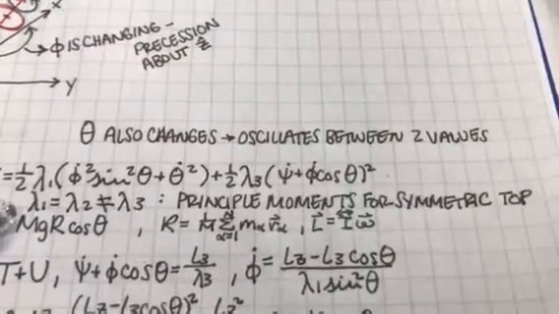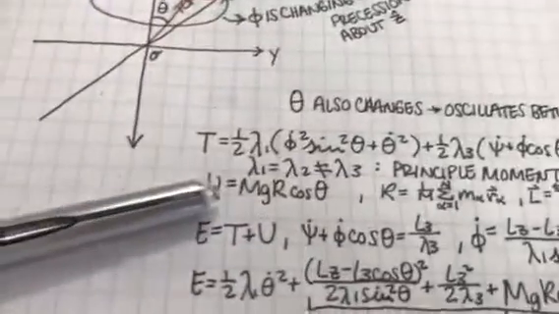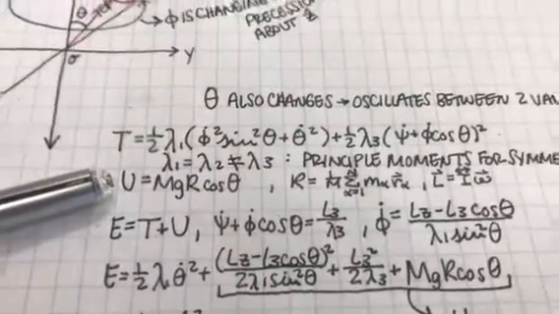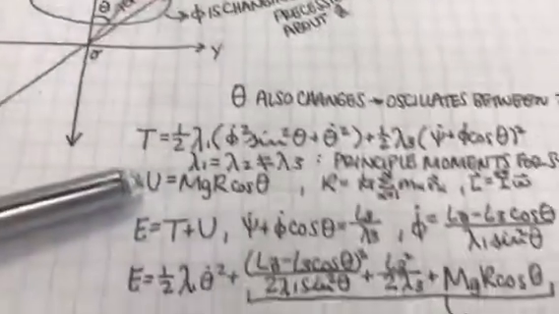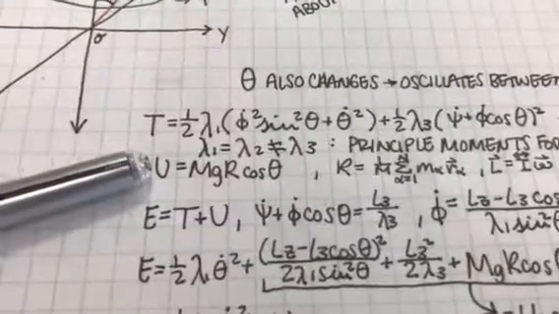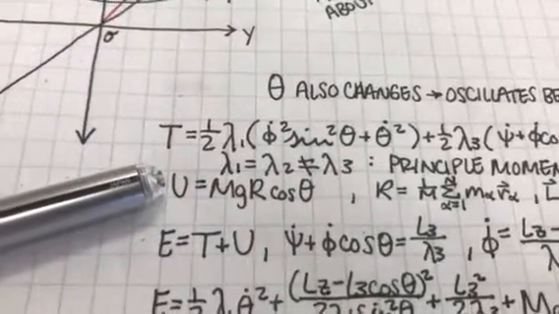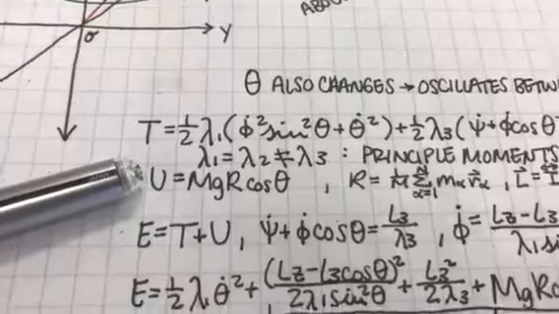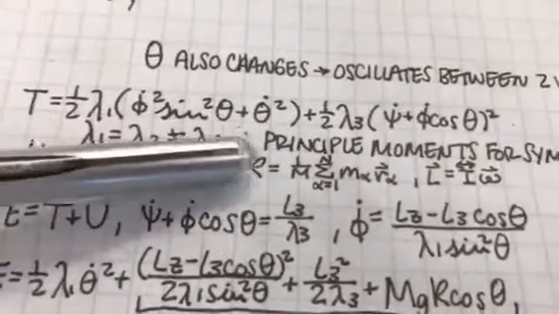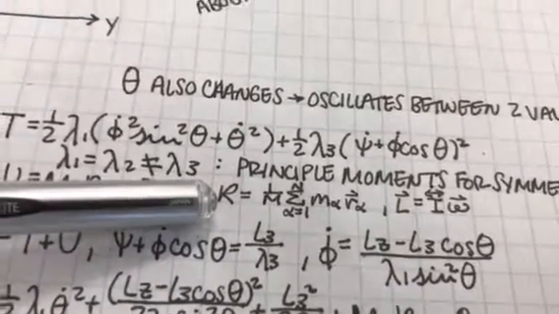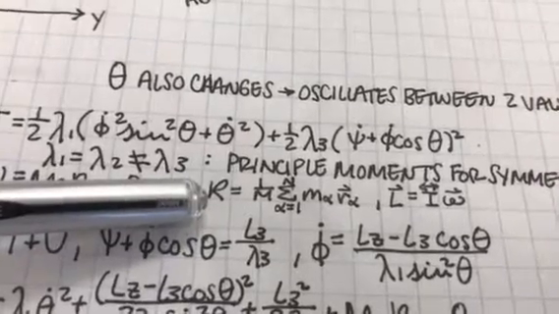And those are just the principal moments for a symmetric top, which I'm representing right here. And the potential energy is given by this: the mass times gravity times r cosine theta, where r is the position of the center of mass given by this equation right here.